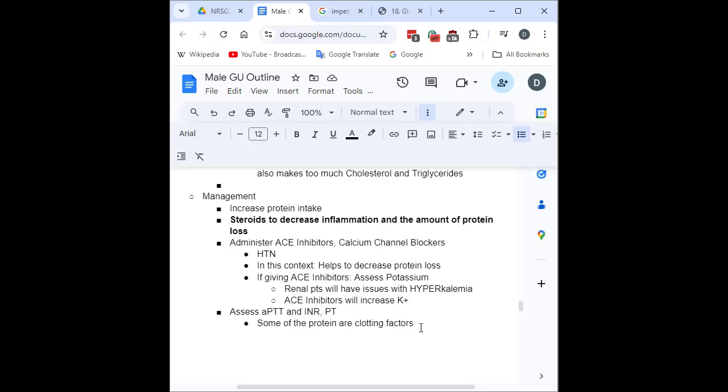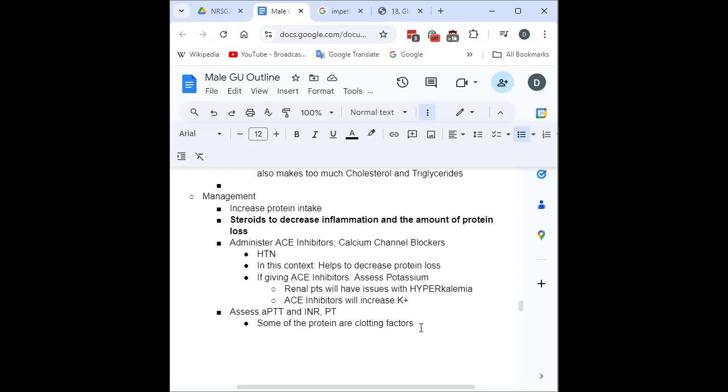I'm not sure if I explained it well, but I'm just trying to relate it in a way that might make sense. Your kidney tubules allow certain things to go through. When there's inflammation, they allow things through that they shouldn't.